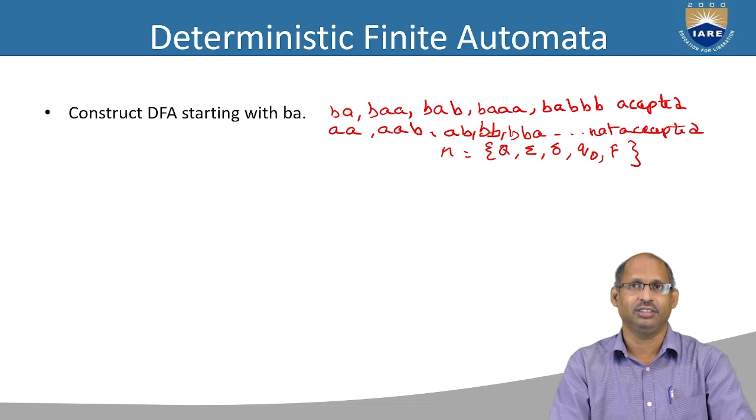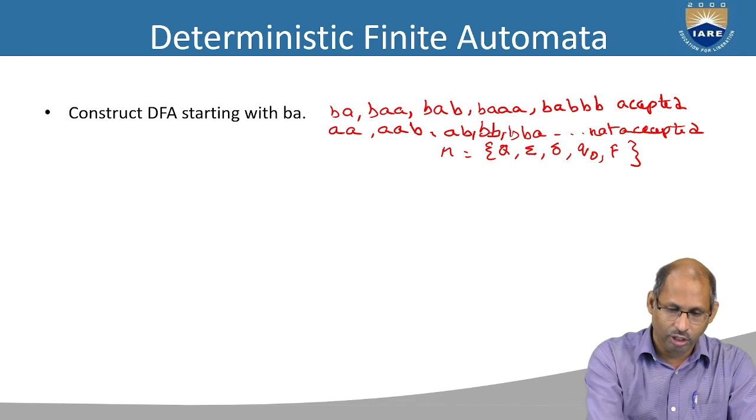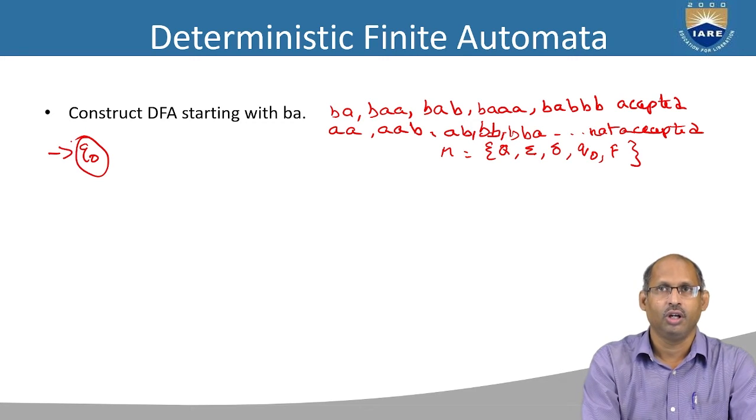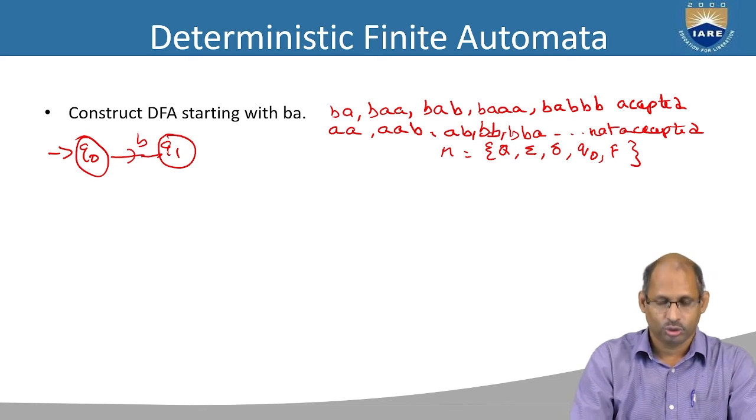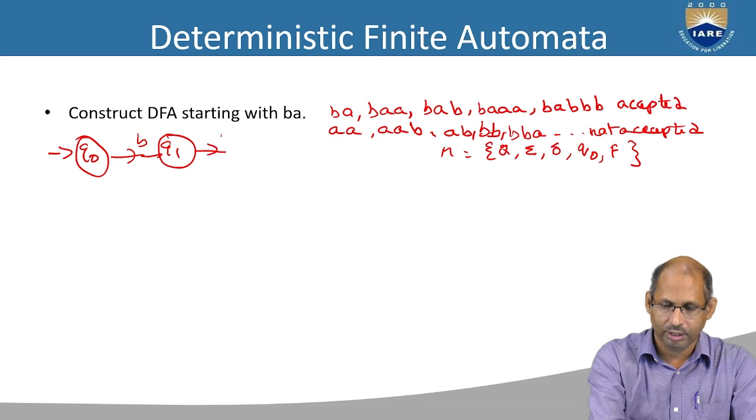The condition is starting with B followed by A. So always we start with the initial state. Q0 is our initial state. On B, it goes to another state, Q1. Q1 on A goes to state Q2.